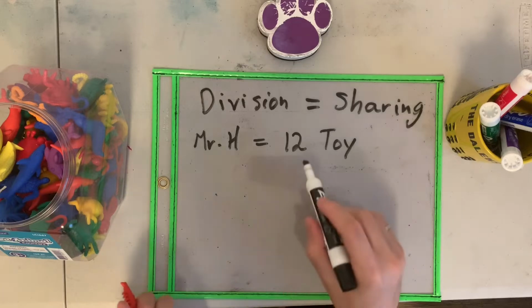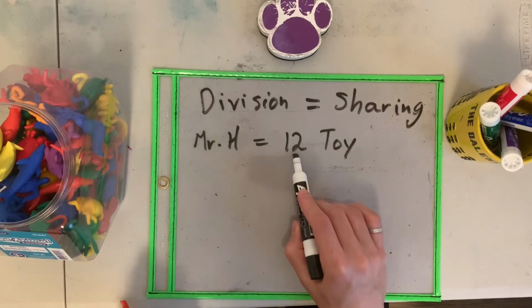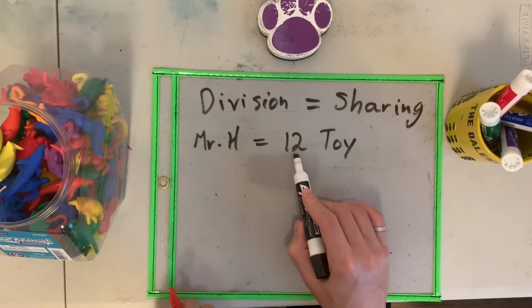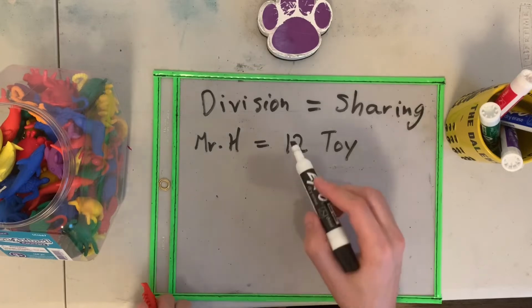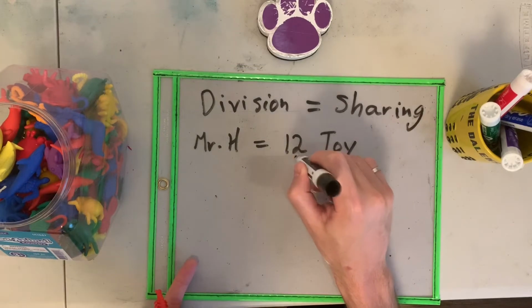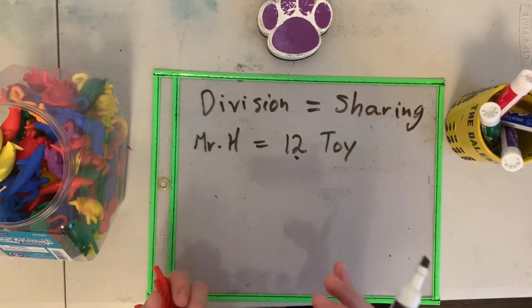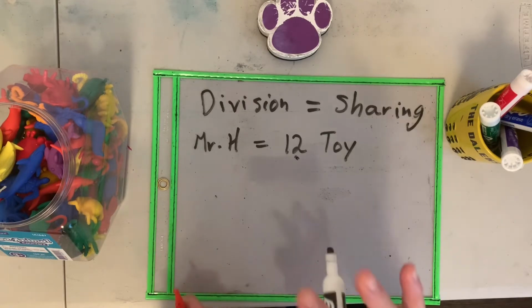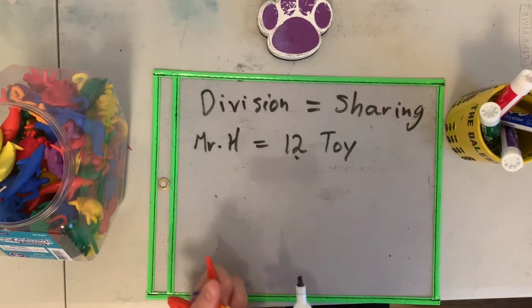I repeat, I have 12 toys. And I'm going to share 3 toys to my friend. I am not adding 12 plus 3, and I am not multiplying 12 times 3. I'm going to share this number into smaller groups, and each group is going to have 3 toys.